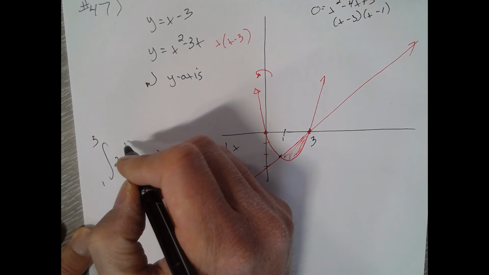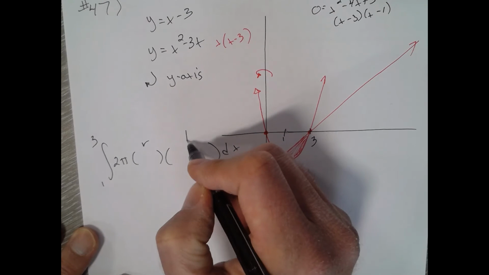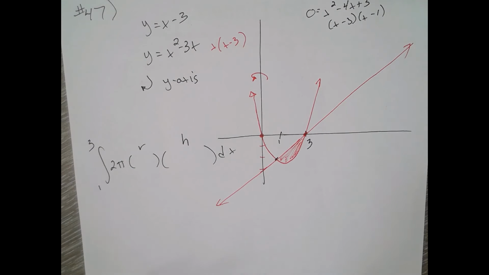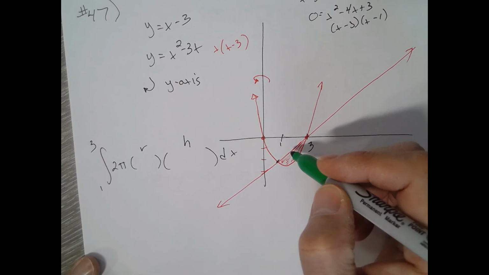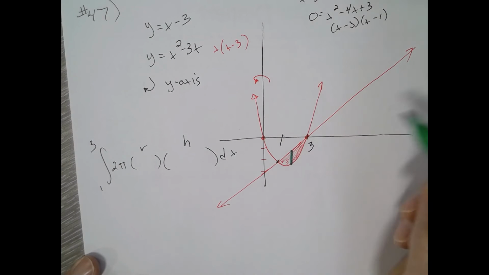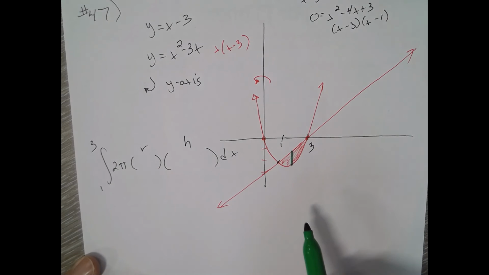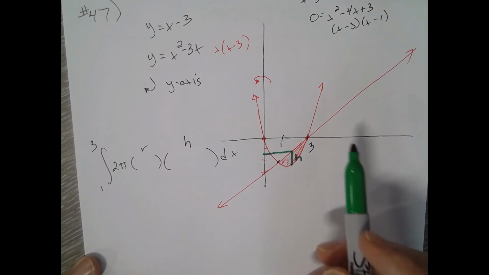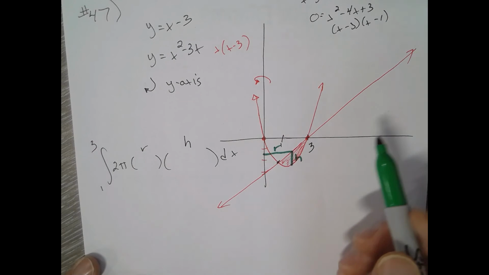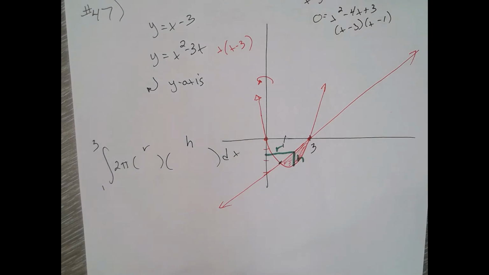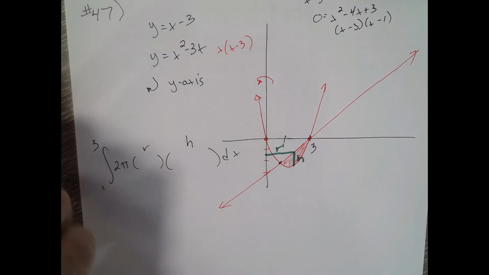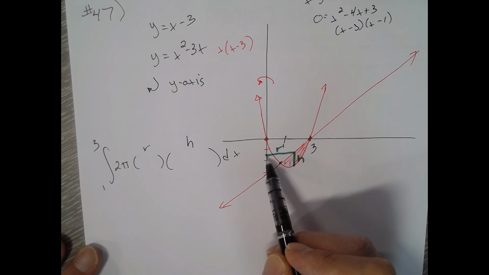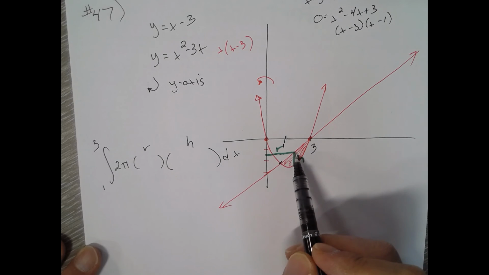And now it's the integral of 2 pi r h dx. Alright, using the shell, we draw a line segment parallel to your axis of revolution through the area, and that is going to be your h, and connect that with the axis of revolution, that is your r. So now we have to write r and h in terms of x. So r, anytime you're going out from the y-axis, it's always going to be x.